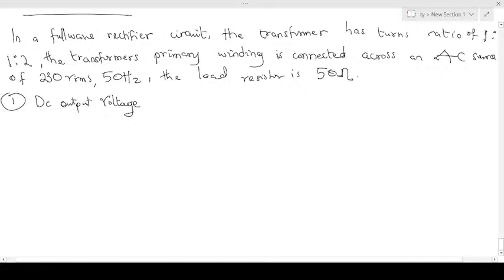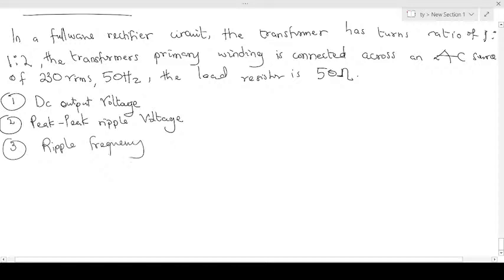Then, just like we did for the half-wave rectifier, we need to calculate our peak-to-peak ripple voltage, and then our ripple frequency. And finally, the percentage ripple.